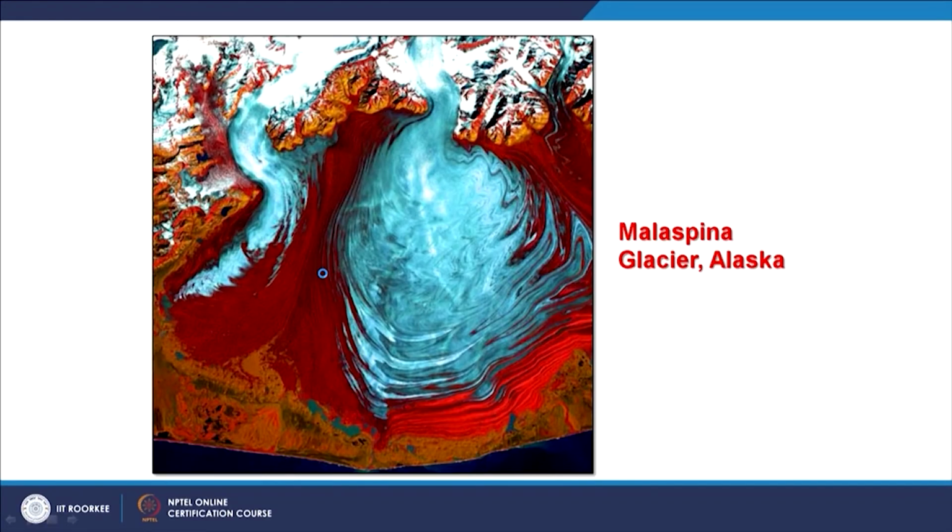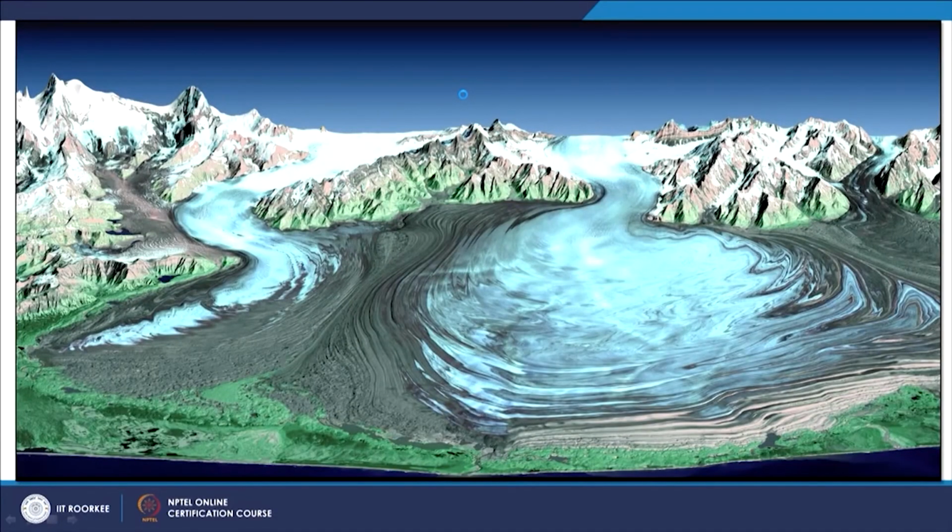This is a study about glaciers. In glacier study, the very famous Malaspina glacier in Alaska is completely fan shaped, as you can see, and similar features are not seen in the Himalaya. Our glaciers are more or less either finger shaped or linear in fashion, but this one is very unique, and it can also be studied through 3D perspective.